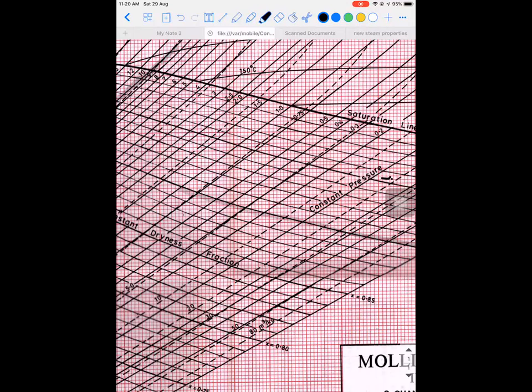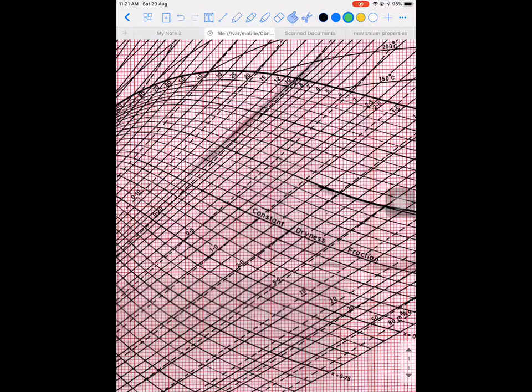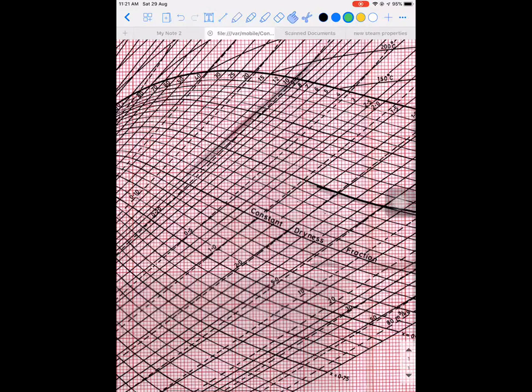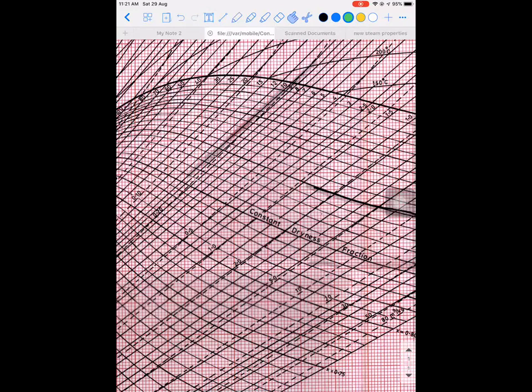Otherwise, I will draw this line also, sir, since we are not able to see. This is the constant dryness fraction line.